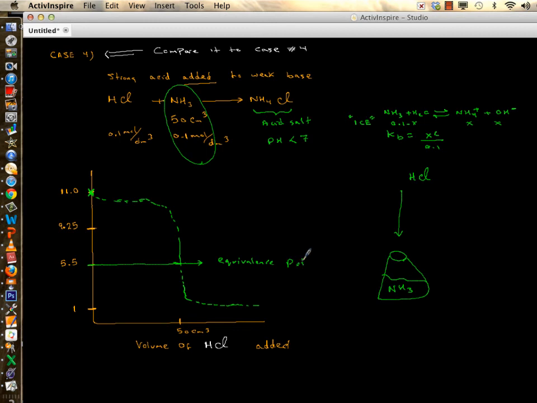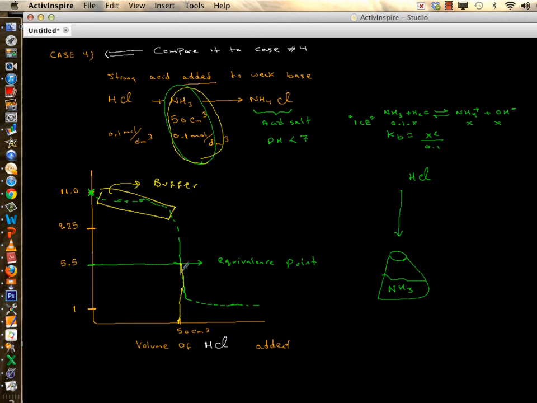Now what's the difference between this case and case number 2 is, if you do it like this, then you have created a buffer zone here before your equivalence point. This is your new buffer. So if you want to make a buffer, you can have a large quantity of a weak base and a smaller quantity of acid. And if you find your equivalence point, you can come to your x-axis.